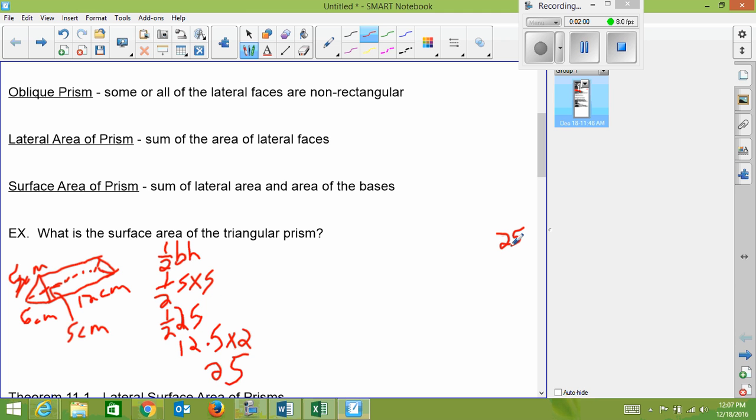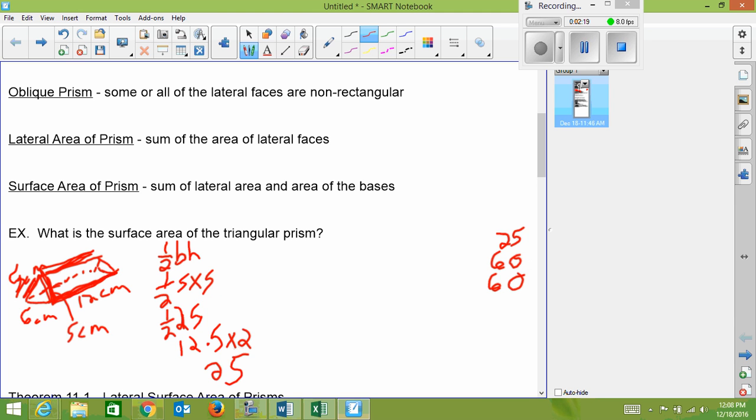Then I need to find the area of all three rectangles. This front side here is 12 by 5, so that would be 60. Keep track of that. The back side is also going to be 12 by 5, so there's another 60.